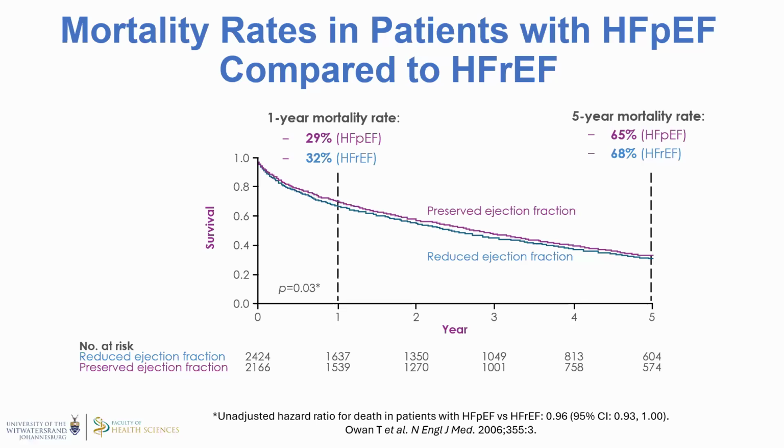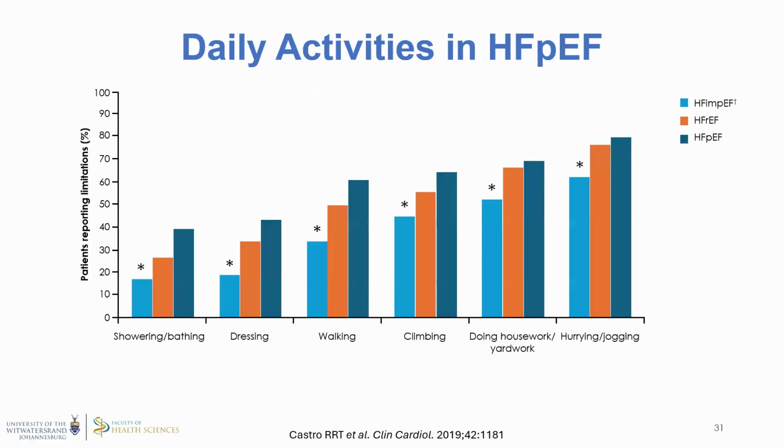In this study, at 1 year, the mortality rate of HFpEF was around 29%, and that of HFrEF was 32%. And at 5 years, the mortality rate of patients with HFpEF was 65%, and the one for patients with HFrEF was 68%. So the mortality rates are almost similar, with slightly higher mortality rates in patients with heart failure with a reduced ejection fraction.